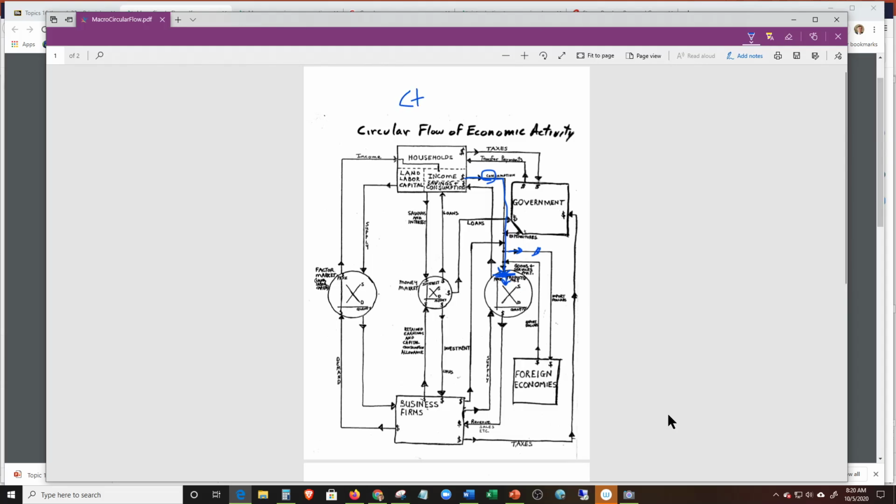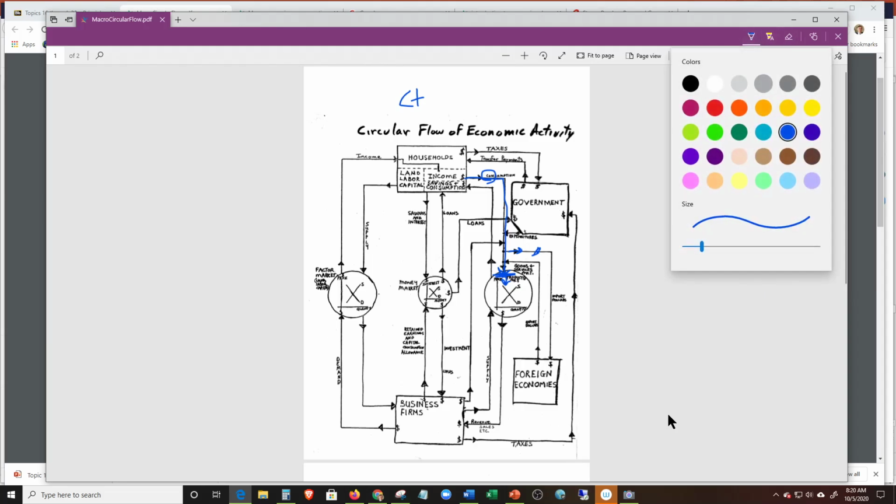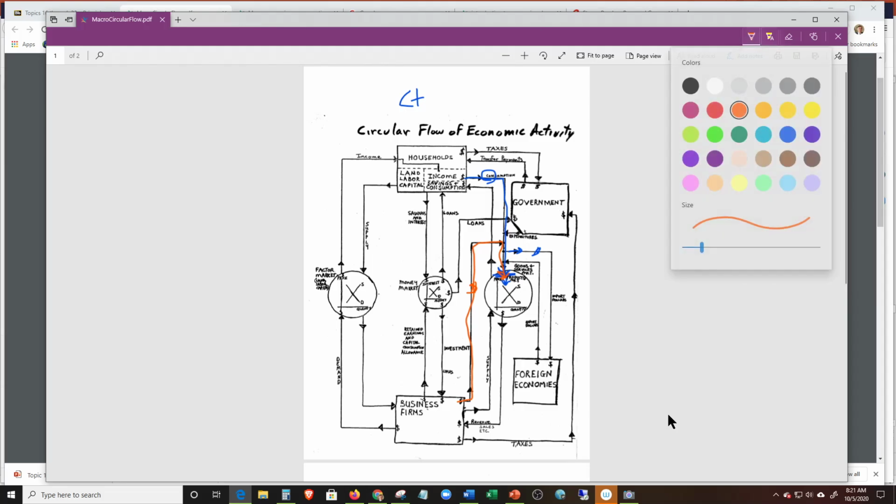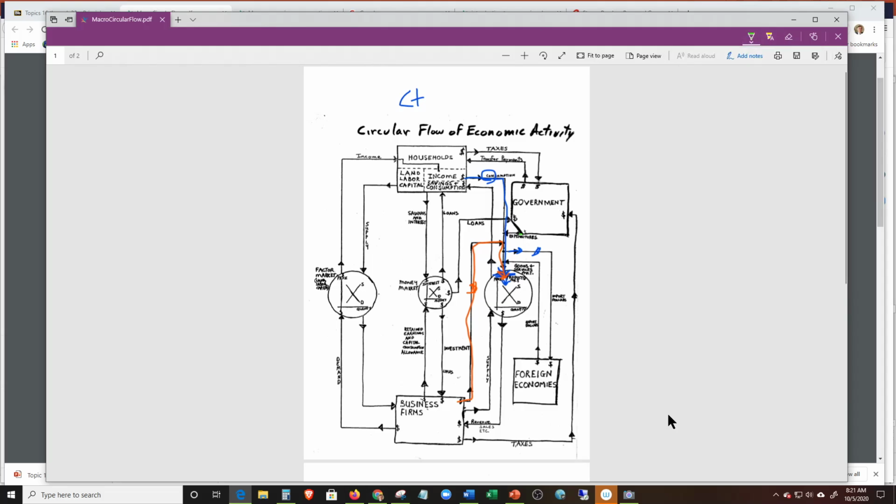And then we're going to take a look at investment spending, which comes up here and joins and flows through, and capital goods are a final good and service, and changes in inventories, let's not forget that. And then government spending is going to join us.